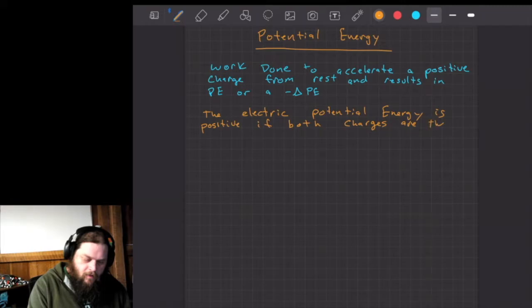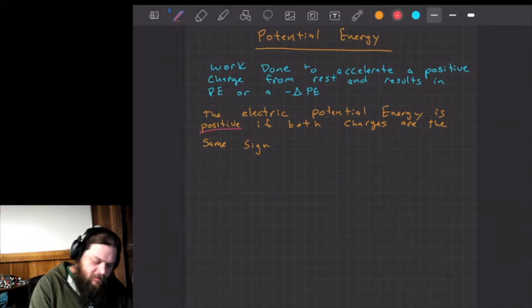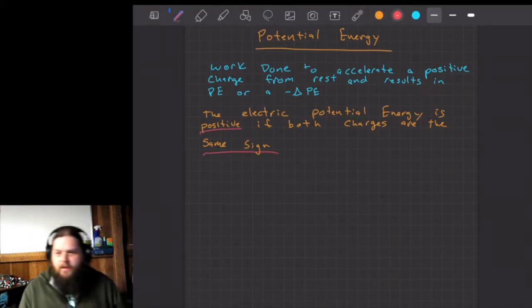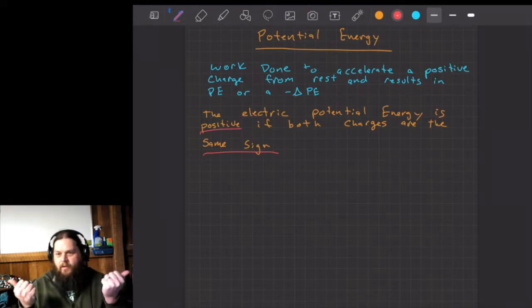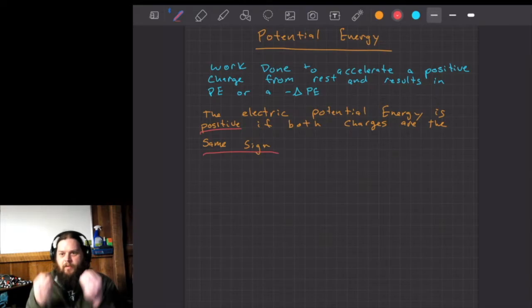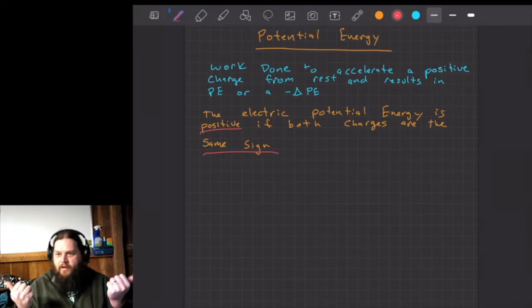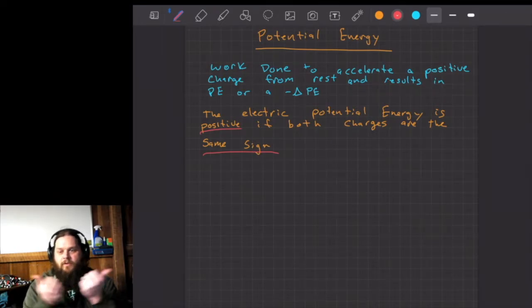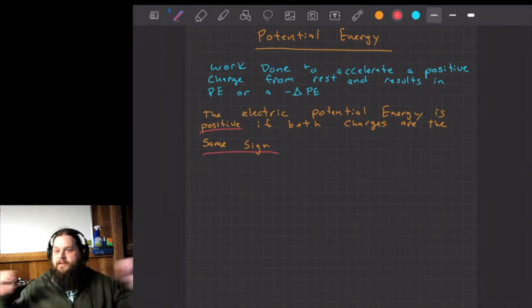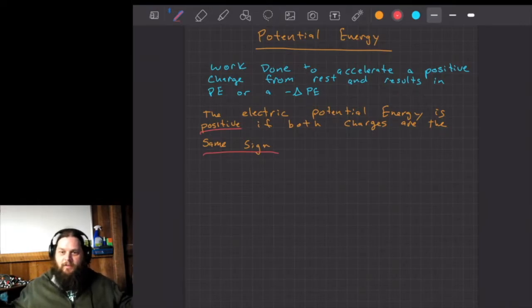I'm going to emphasize positive and the same sign. Based on the Coulomb forces, if there's two charges that have the same sign, their force is going to be repelling, going away from each other. Whether they're both positive or both negative, they're going to repel each other. And we say that's a positive potential energy because the distance between them is getting larger, so the distance will end up becoming infinity.